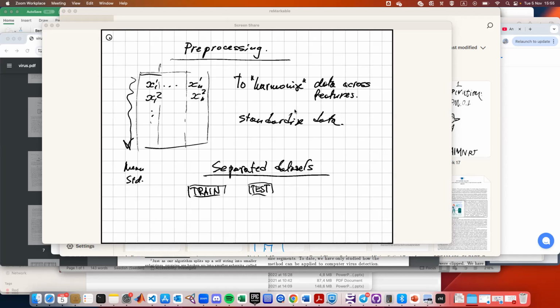The train. Yes, that would be a common approach. If you have a train and a test set, a common approach is to compute the standardization parameters on the train set, and then use these parameters to standardize the test set. That is in the case where you are sure that the data are from the same distribution.